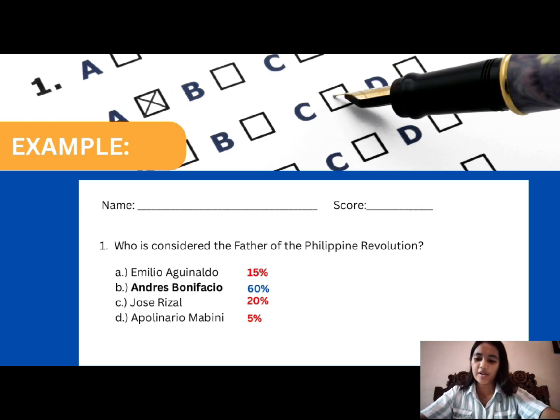So here is an example. The teacher prepares a multiple choice test for students on the topic of the Philippine national heroes. The question is, who is considered the father of the Philippine Revolution?